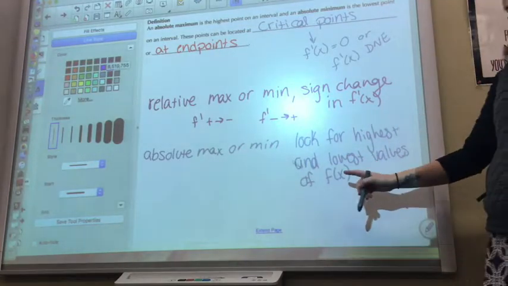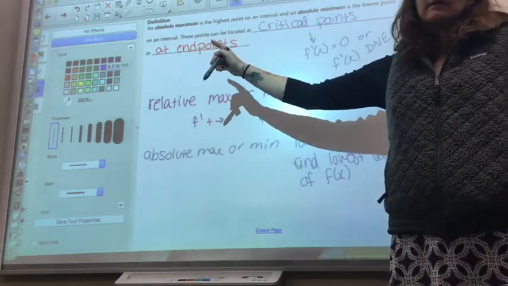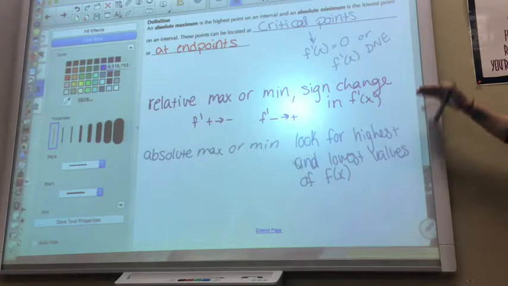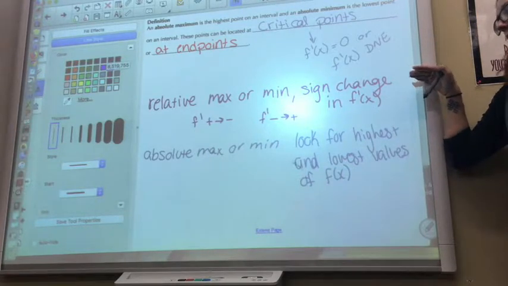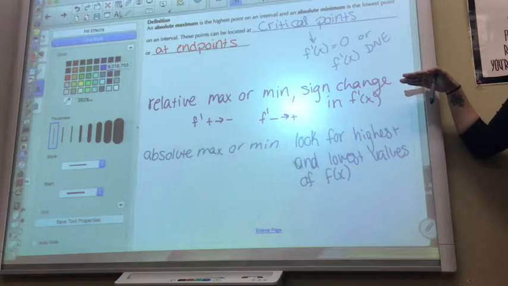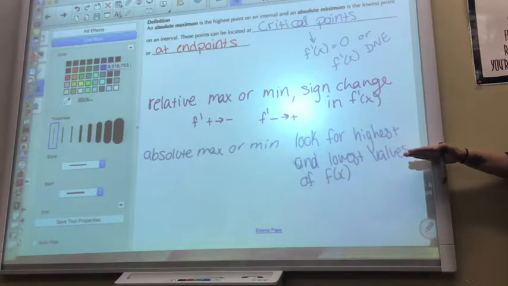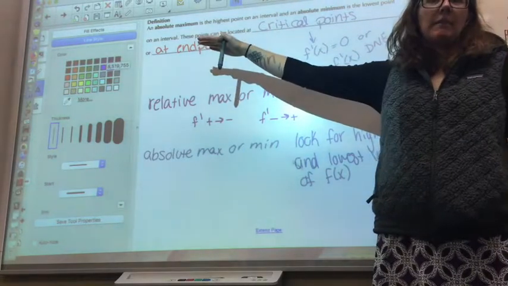And we're going to check for that at our critical points and at our endpoints. So for a relative max or min, we're looking for that sign change in f prime. Does our derivative go from positive to negative, or from negative to positive? When I'm looking for an absolute max or min, I'm looking for that highest or lowest point. I don't actually care what happens with f prime. I just need to figure out what are my highest and lowest values of f of x. And I have to check for that at my critical points and at my endpoints.